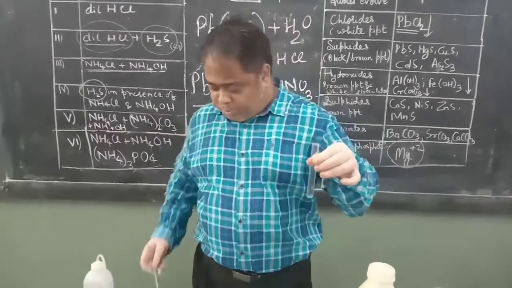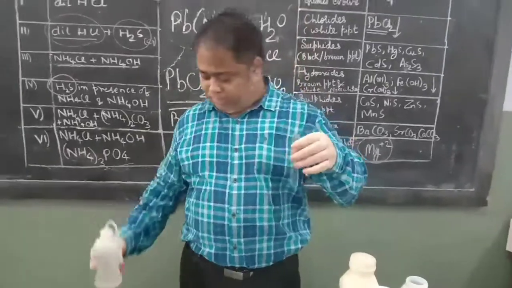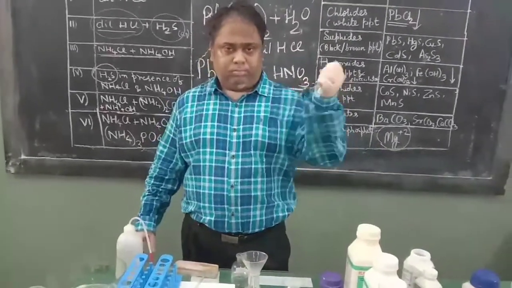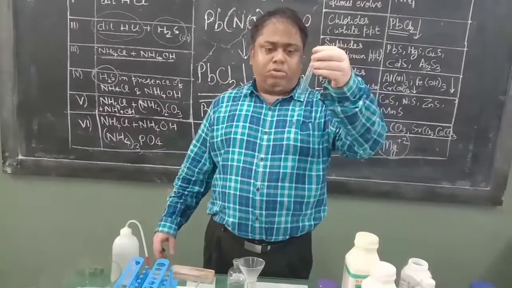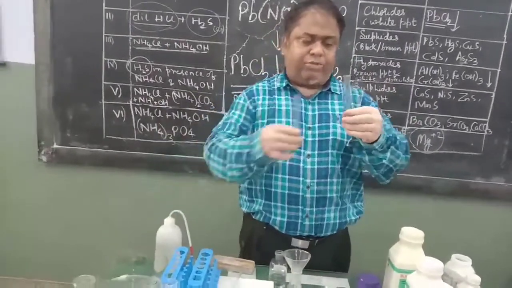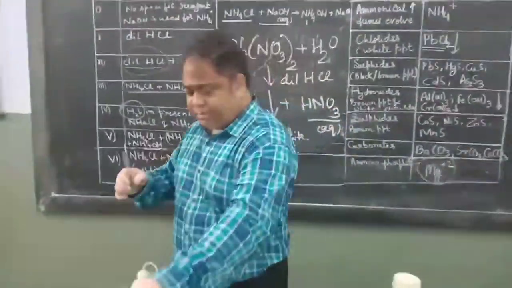So this is copper 2 salt diluted. In this there is no solid particle left now. If at all it is left, I can decant it off. I have done the decantation.